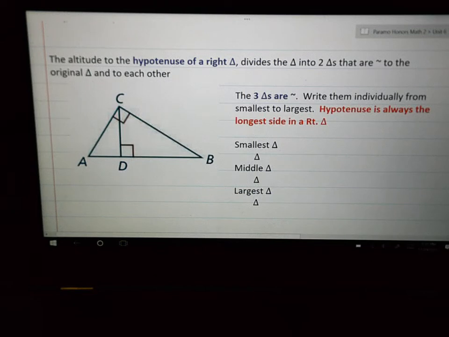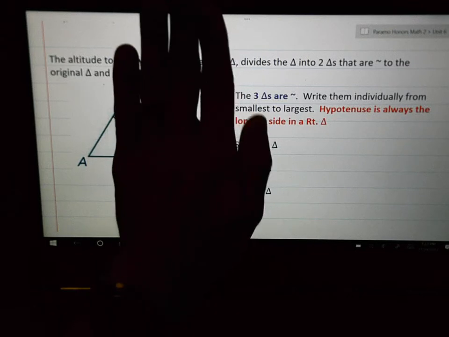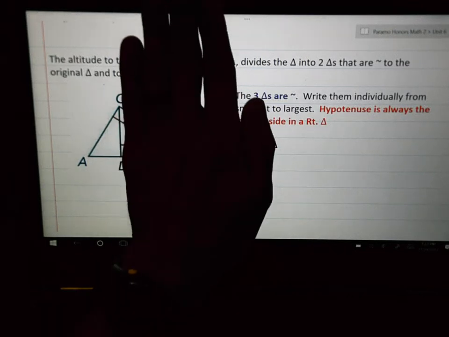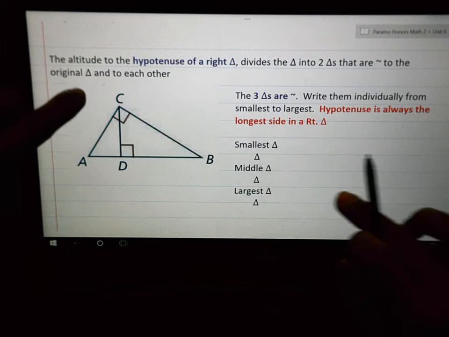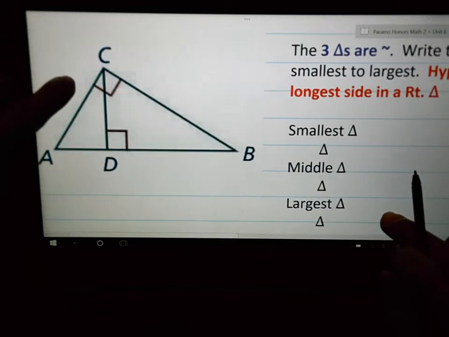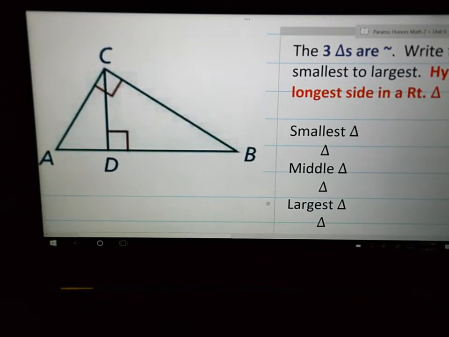The way that we're going to do this is that we're going to look at the smallest triangle and then name it from small to middle to largest. So let me cover this up right here. Let me just zoom in just a little bit so you can really get an idea of what we're doing.